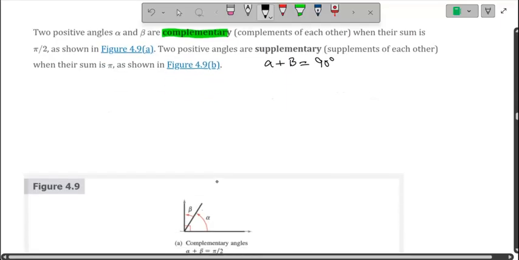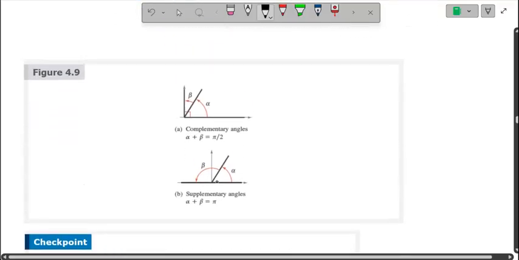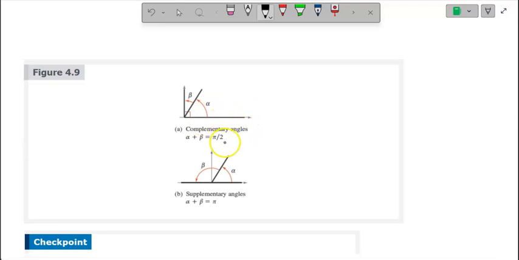And these angles are not coterminal, right? So this is the schematic of it. For complementary, whenever you add them up, you get pi over 2. So alpha plus beta equals pi over 2. Remember, pi over 2 is 90 degrees. And for supplementary, whenever you add them up, you get pi. Pi is 180 degrees, right?